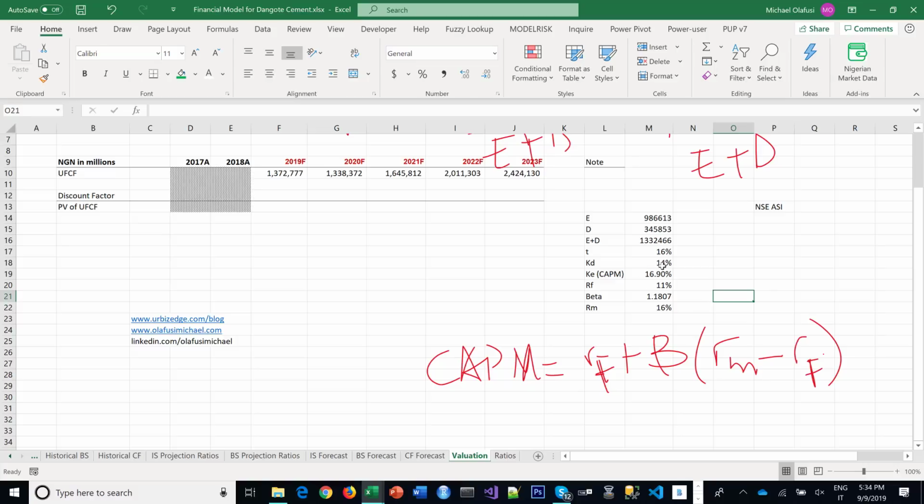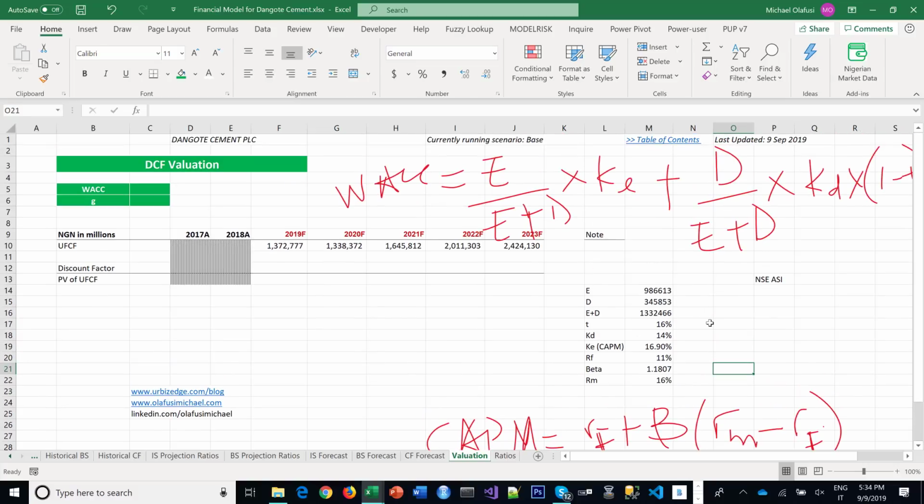So now that we have all of the pieces, I can compute the WACC. The WACC, which is what I want to compute right now, is equal to E divided by E plus D times the cost of equity.